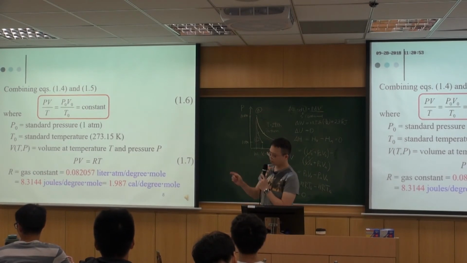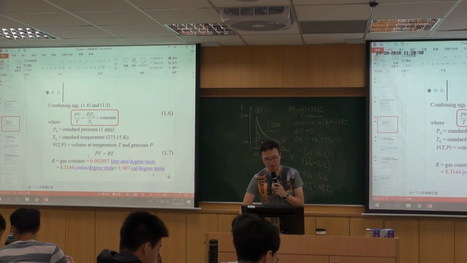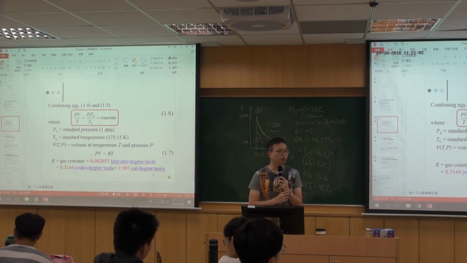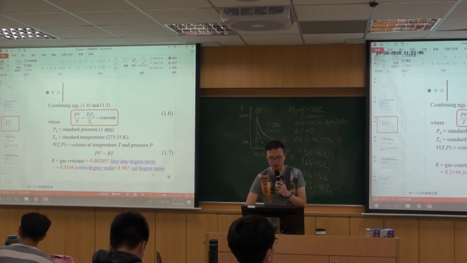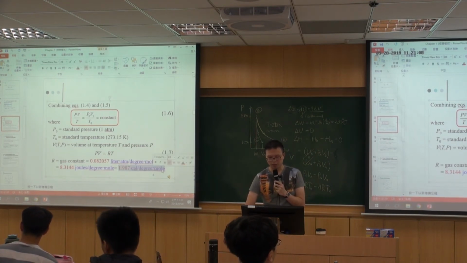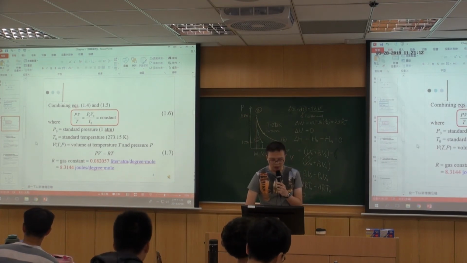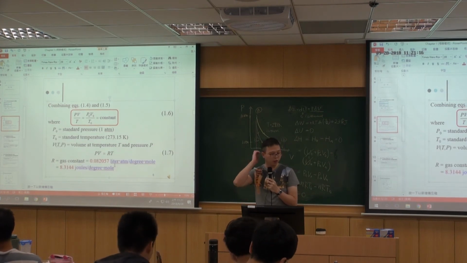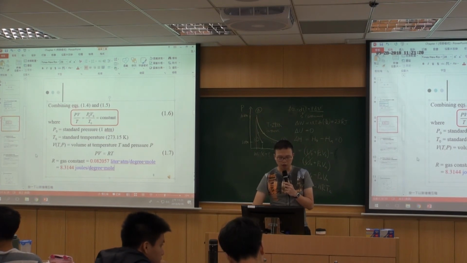So again, I want to emphasize that we have two different gas constants. This one you probably won't use that often, so you can ignore that. But for this problem, we already see that two different gas constants are being used.